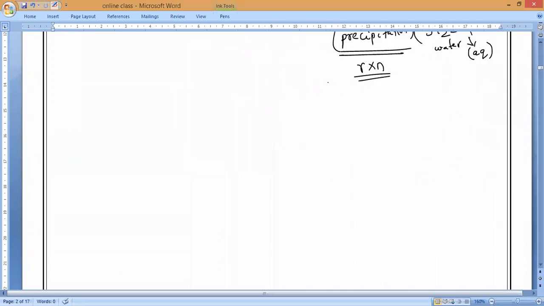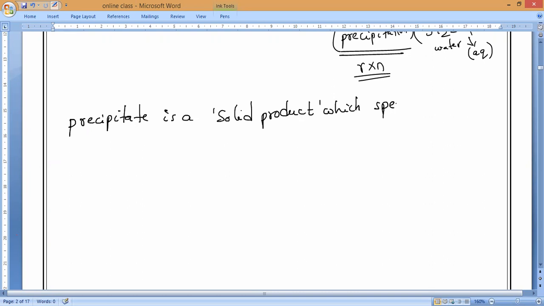First of all, write the meaning of precipitate. Precipitate is a solid product which separates out from the solution during a chemical reaction.